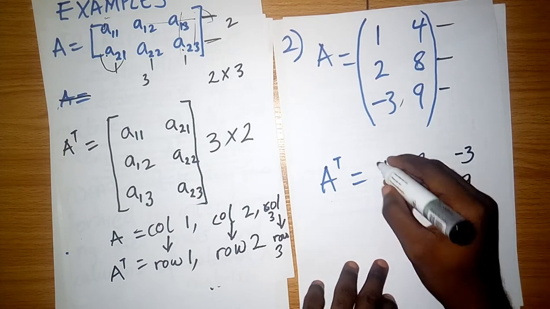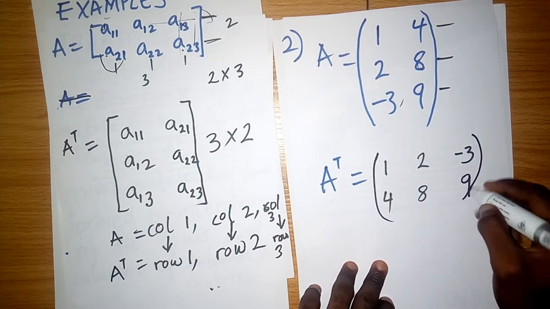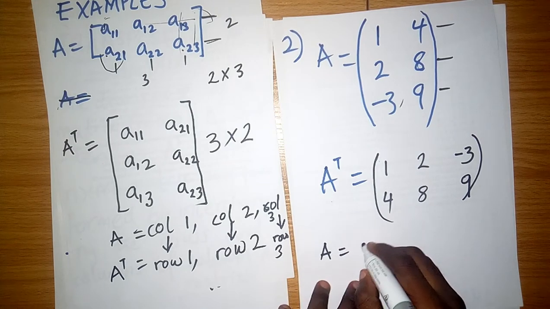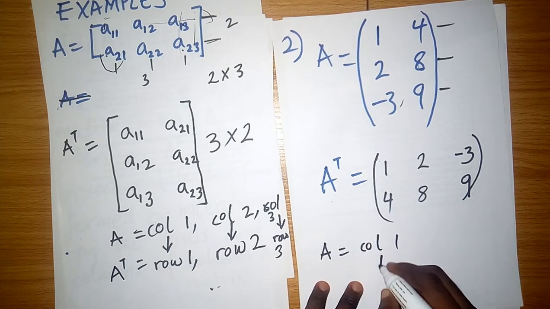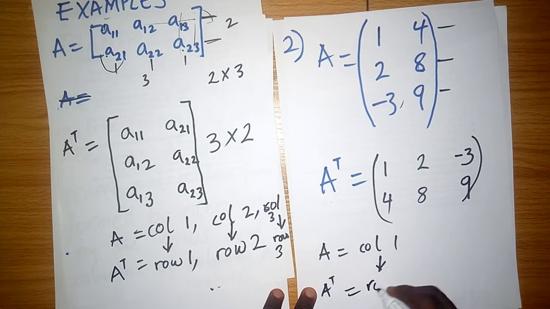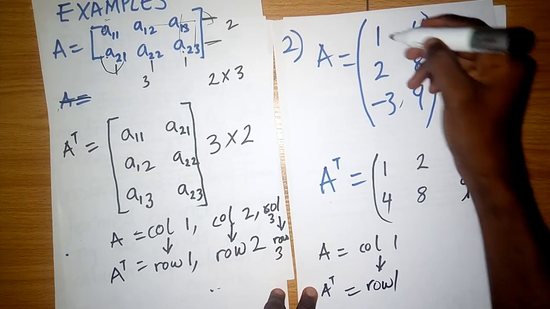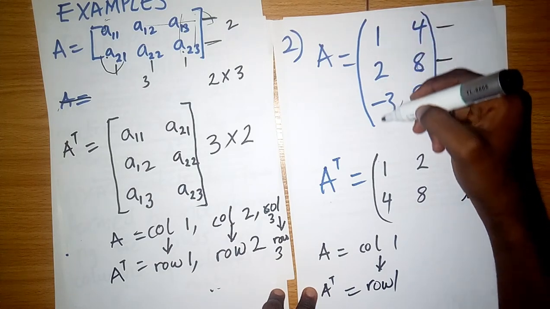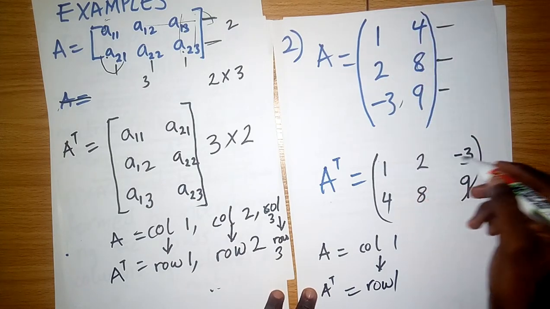If we check it, you see that column 1 of A has become row 1 of our transpose. This is our column 1, and it has now become row 1.